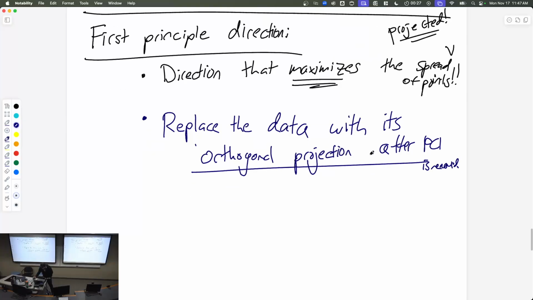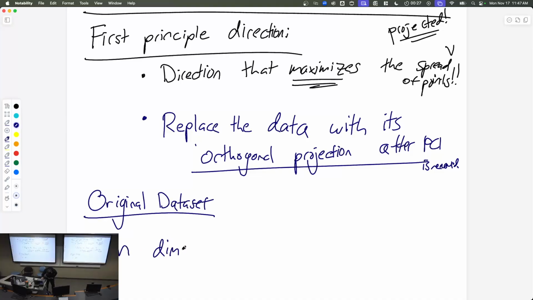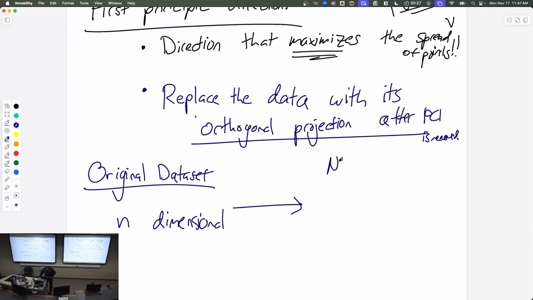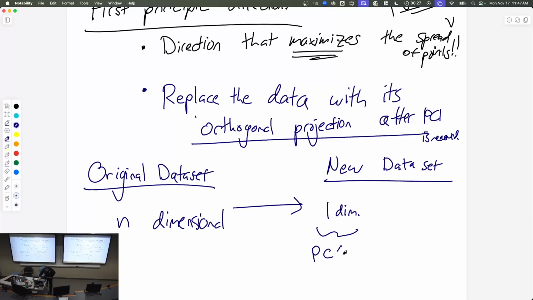So in other words, we have our original data set, which is n dimensional. And we are replacing it with a kind of a new data set, which is going to have one dimension. This is the PC1, the principal component number 1.